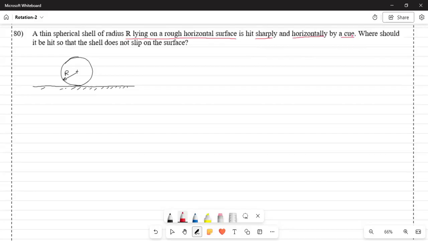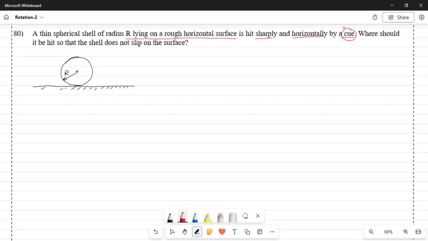Now, what is a cue? You have observed indoor games like billiard or snooker. You might have seen the player uses a wooden stick about 3 feet long, about 1 meter long, to hit the billiard or snooker ball, and the ball starts rolling.